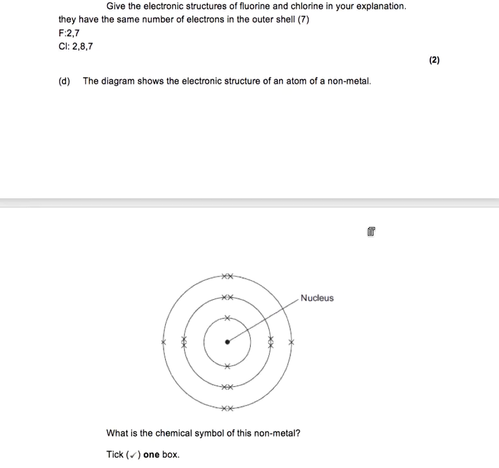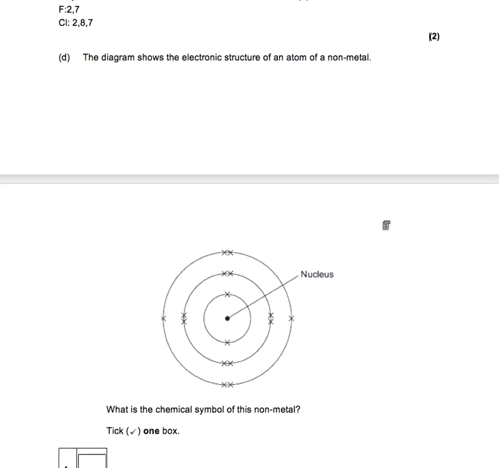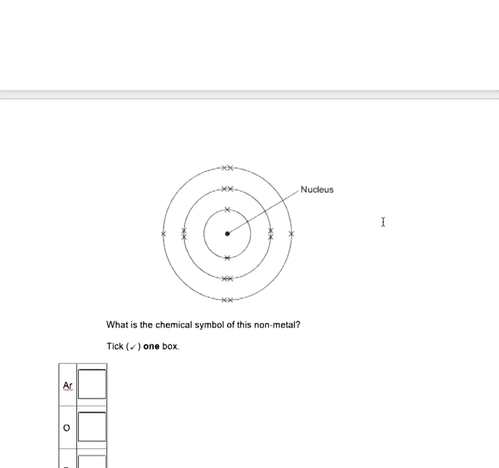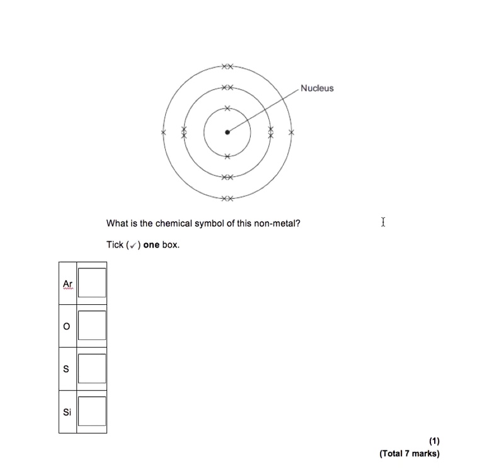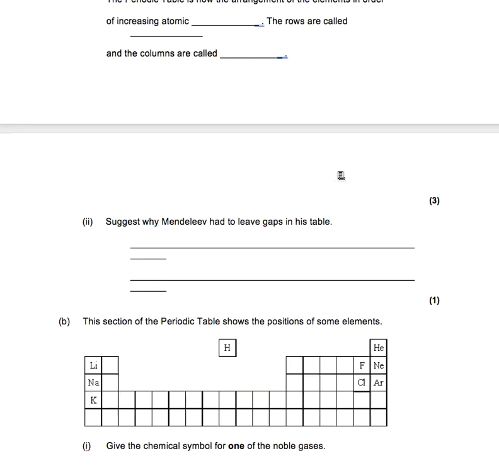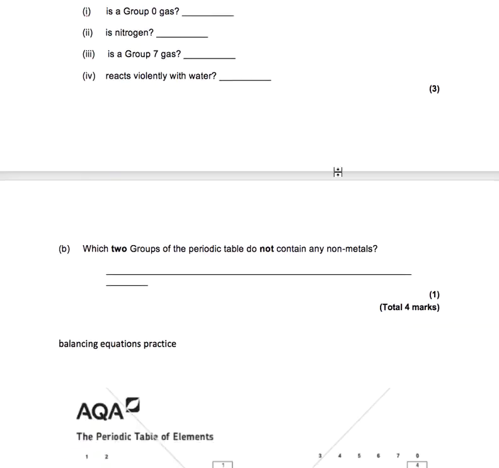In D then, the diagram shows the electronic structure of an atom of a non-metal. What is the chemical symbol of this? Well, we're going to say we've got 2, 8, then 4, 5, 6. So we know we have 6 electrons in the outer shell, and it's 2, 8, 6.